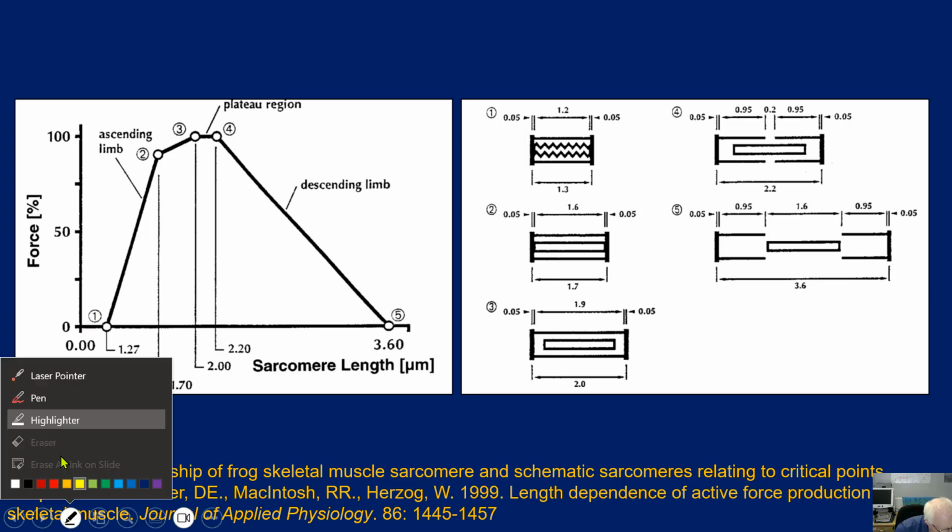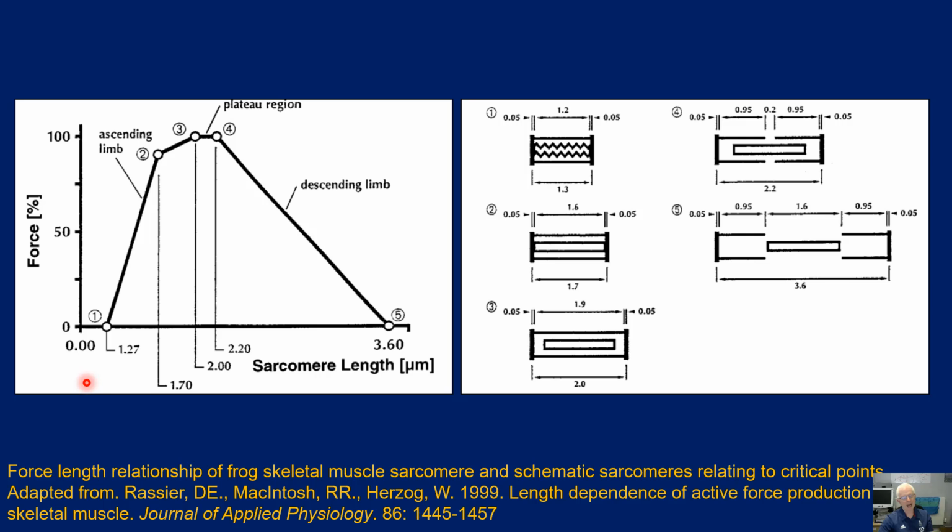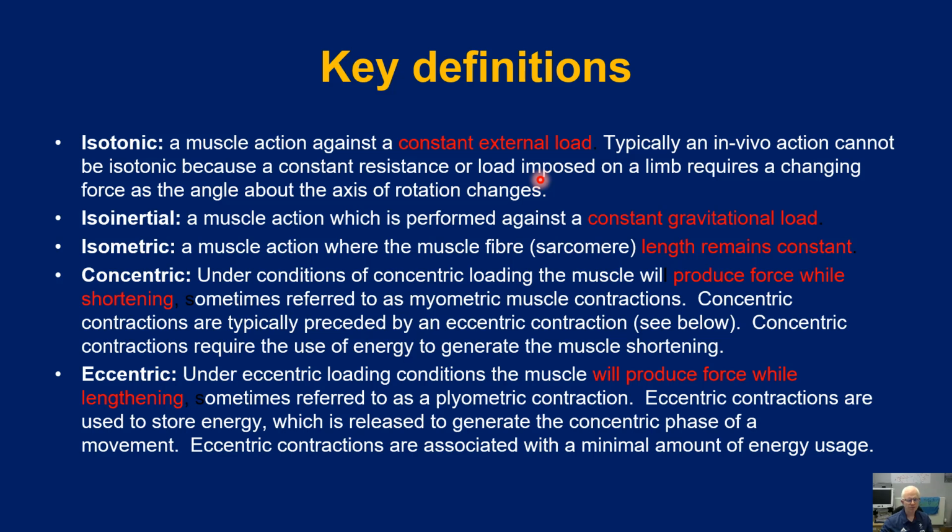Whereas if we were at the full point of the squat, where we've gone to extension, we may well be at this point here in our relationship. But the notion is that because you've got significant overlap here, the amount of force being produced is reduced. If we look at the actin and myosin filaments on image 1 on the right, because of the overlap between them, they interact with each other and reduce the amount of force.